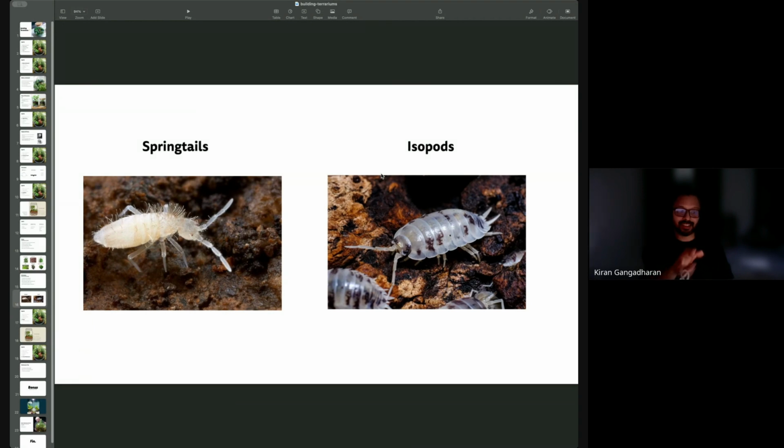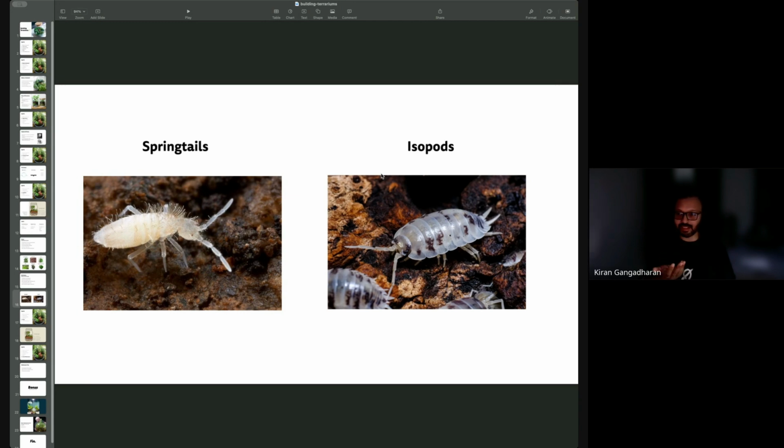There's no size to scale, but they're very small. Springtails are maybe a quarter the size of a sesame seed, or even less.